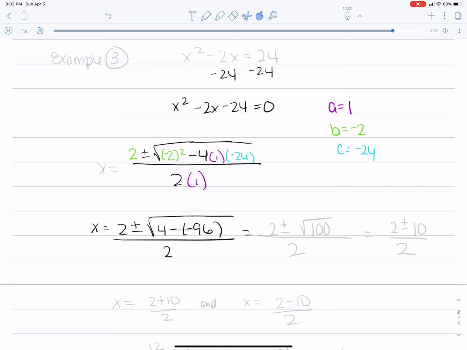So let's finish simplifying under that radical. 2 plus or minus, well, 4 minus -96, we're going to add them, is going to give me 100 again, over 2. Well, we know the square root of 100 is just 10. And now we just have to break that down into our two parts of our solution. So we have 2 plus 10 over 2, and then we have x equals 2 minus 10 over 2.